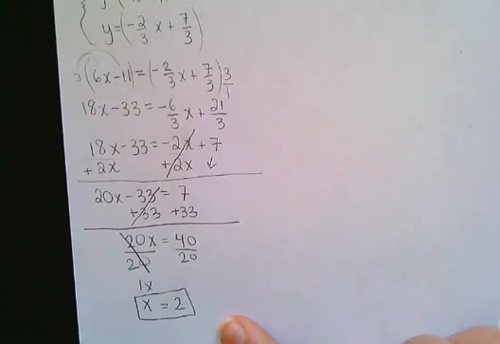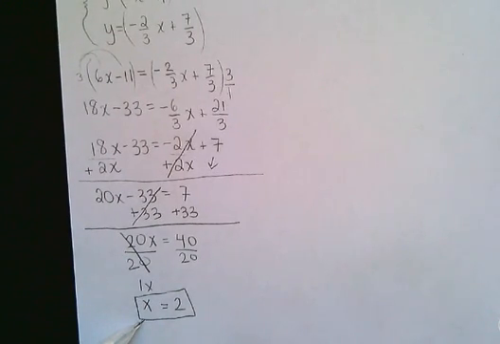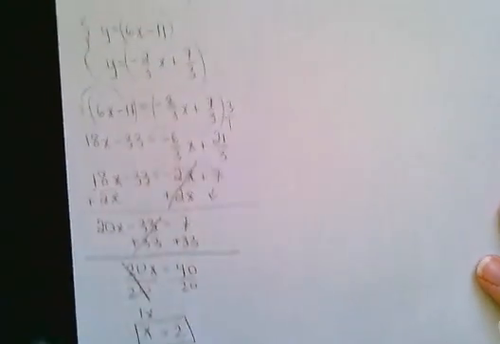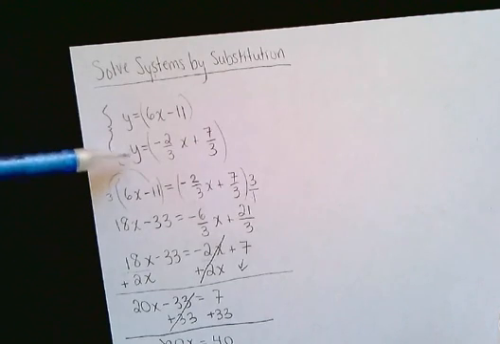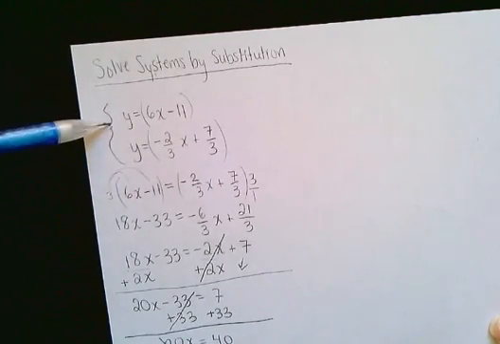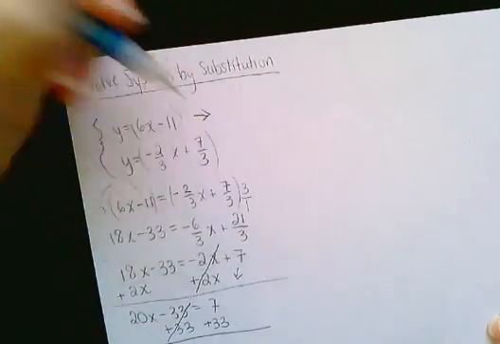So I have my first answer. I have the value of x that satisfies this system. Now I need to find the value of y. So I'm going to use substitution again. I'm going to take this value of x equals 2, and I'm going to plug it into one of my original equations. It doesn't matter which one, but since this top one doesn't have fractions, I'm going to use that. So I'm going to plug in the value of x.